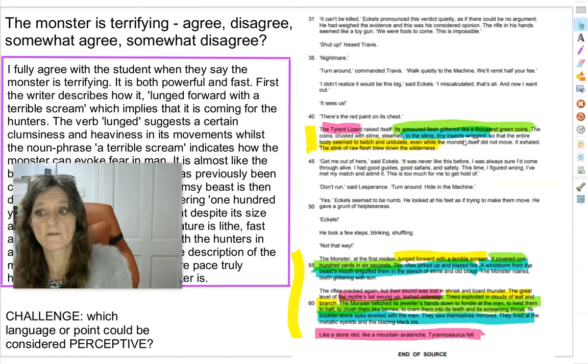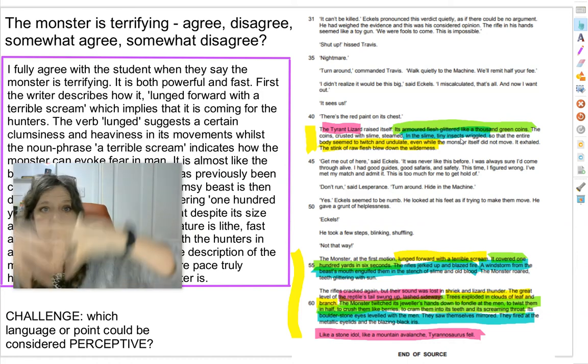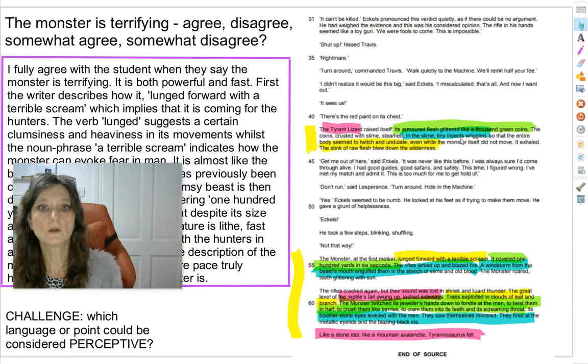But we can take that further. It's almost as if he is God to these tiny insects, as if these tiny insects are somehow his minions. And this idea that this monster is like godlike and almost like a whole world to a colony of insects who are his minions and would do his command is quite a terrifying image, and I think that's quite a perceptive point.